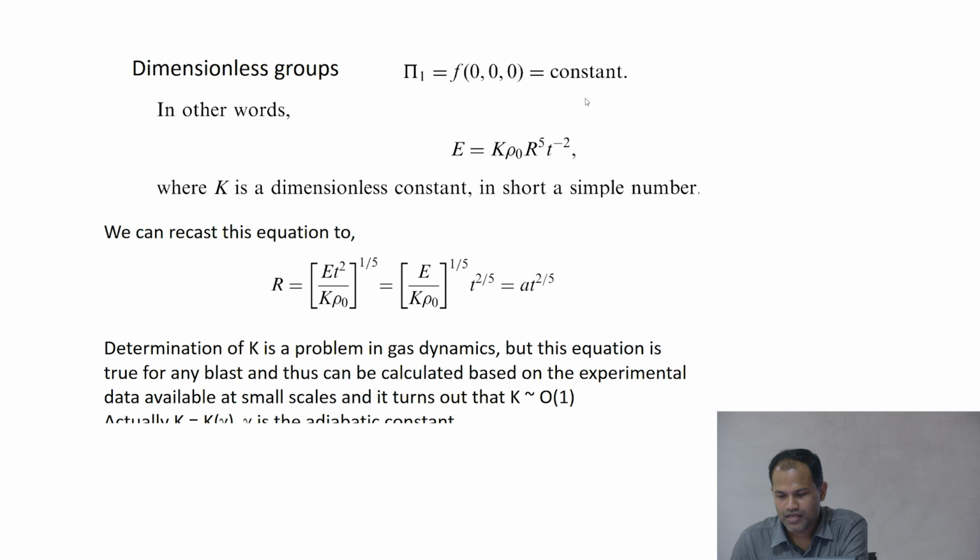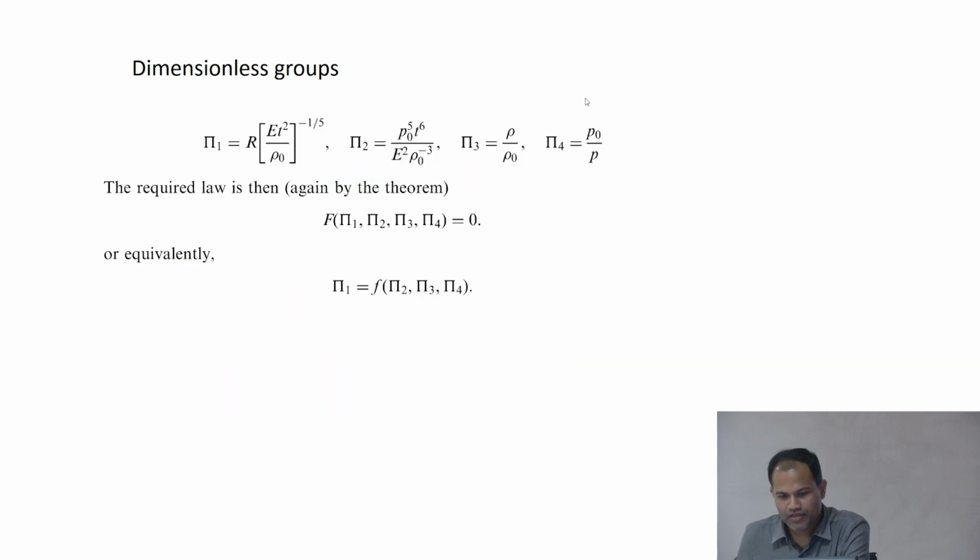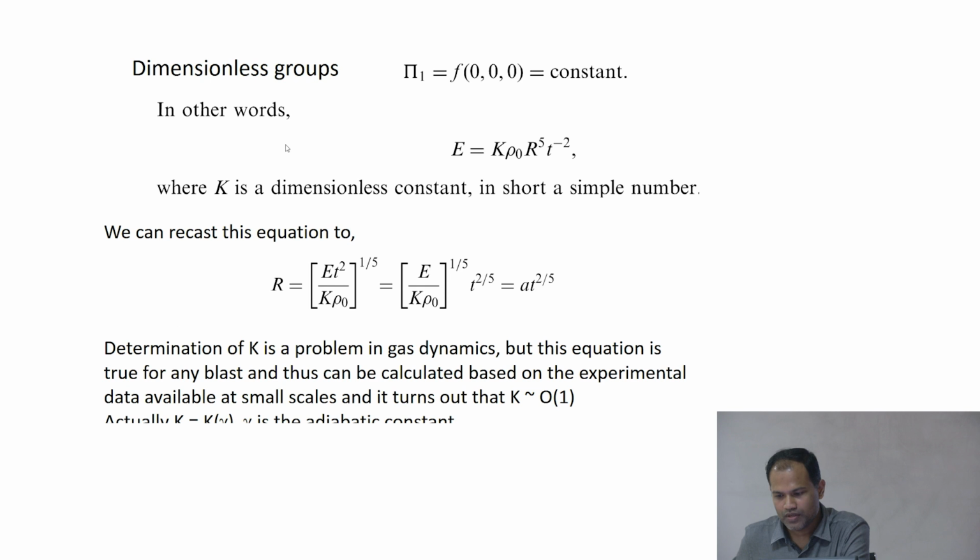So pi 1 was this expression which contained radius, e, t square and so on. See, he wrote it in a nice form. Then that e is some constant times rho 0 times r to the power of 5 t to the power of minus 2. Alright? So where k would be some constant which we do not know what's going to come out.